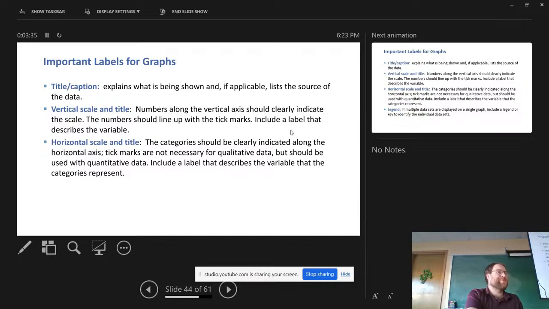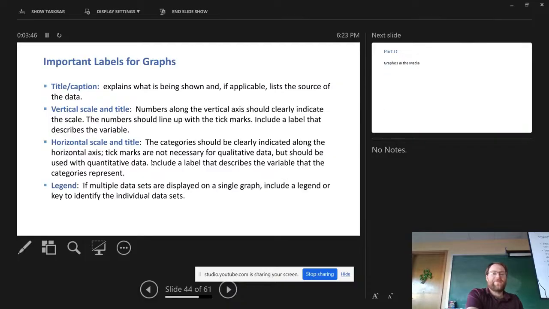That way we know what the dependent variable or vertical one is, what the independent variable and the horizontal variable is talking about. A legend or a key, basically if you have a lot of different pieces. Often these are color coded, and that gives you a quick glance of each category just by looking at it visually.